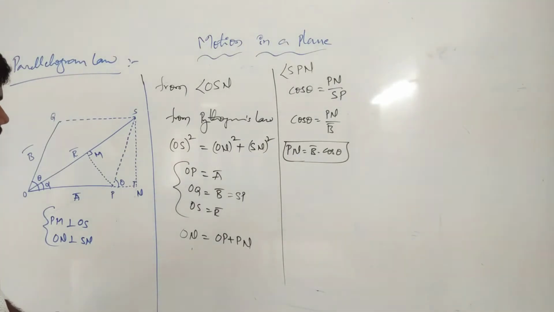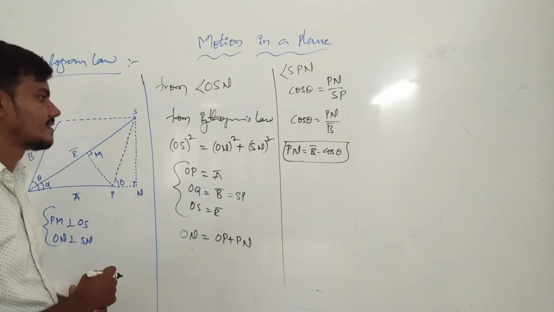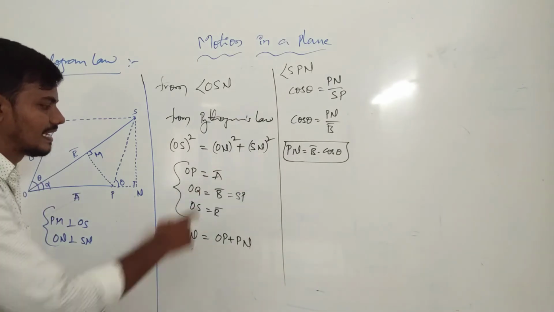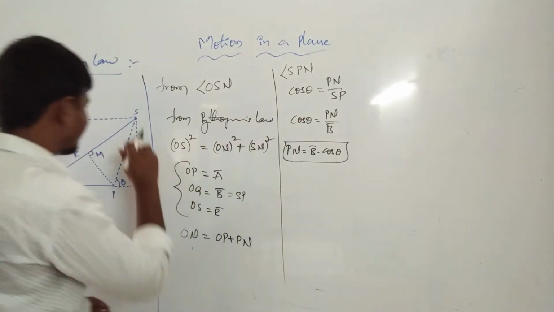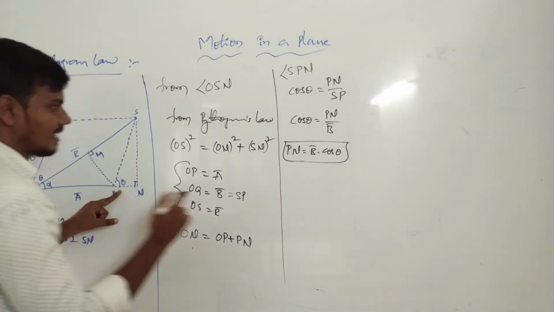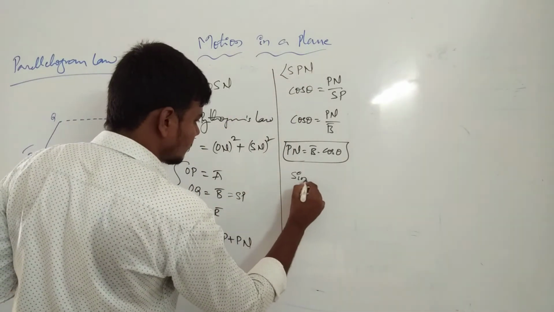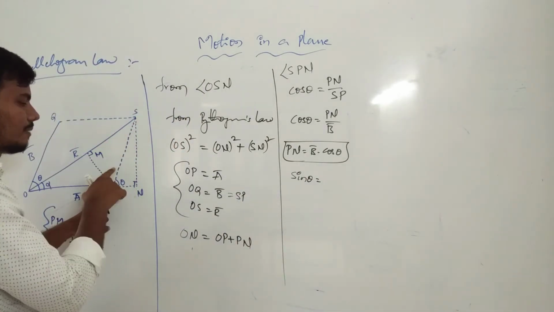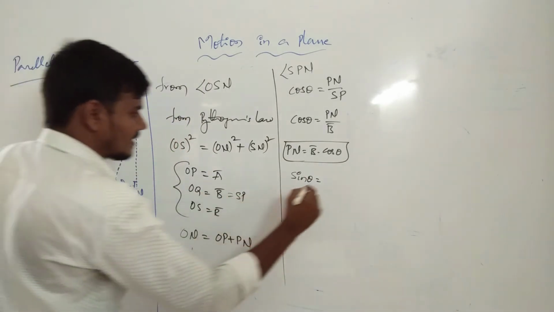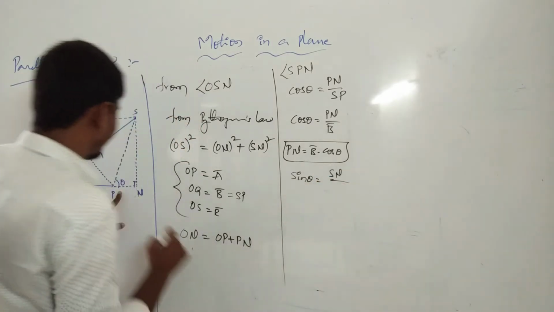Again, from triangle SPN we take sin theta, which is opposite by hypotenuse. Opposite means SN, so sin theta is equal to SN by SP.